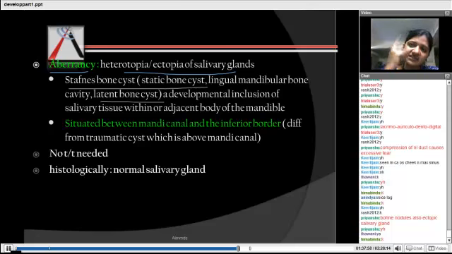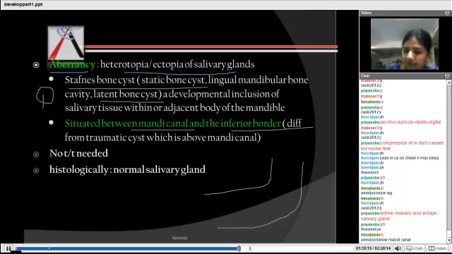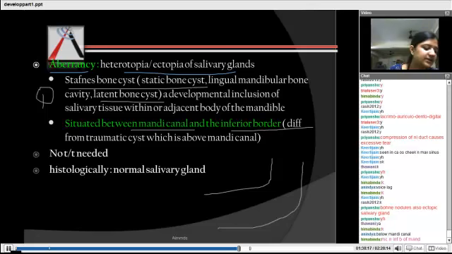Again, it has a very specific position. The position of Stafne's bone cyst is a very important MCQ. Where is it situated? It is situated between the mandibular canal and the inferior border of the mandible. For this, I want all of you to draw the mandible in your book. In your keynotes, or be it in your Pulse or in your Gauri Shankar, make it a habit to draw.